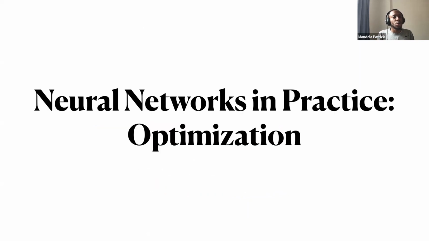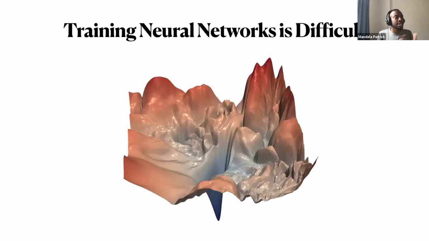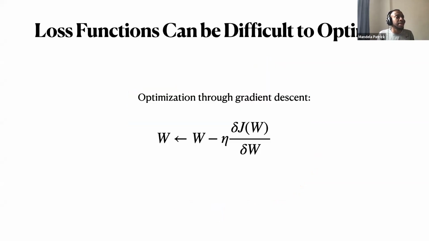So how do we optimize these neural networks in practice? As we mentioned, it's a very complex landscape. Think about Mount Everest; not that bad, but it's probably a good mental picture. These can be difficult to optimize. In particular, the learning rate is one of the most important values we can set.